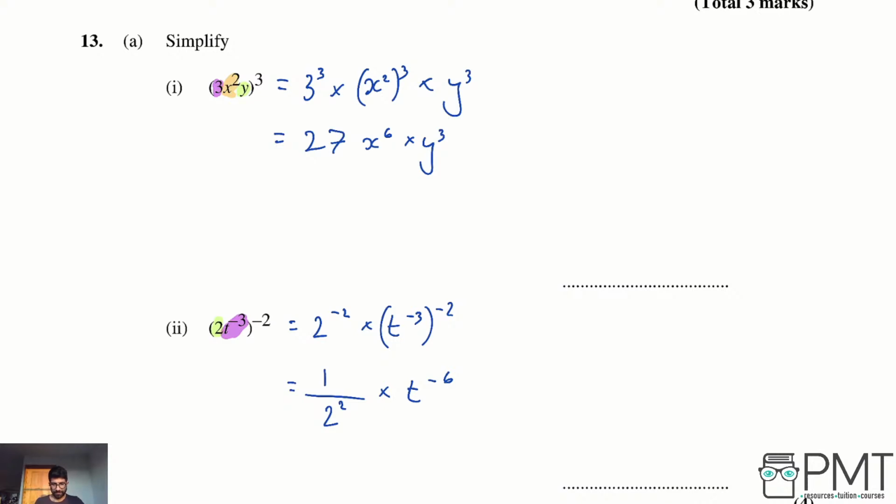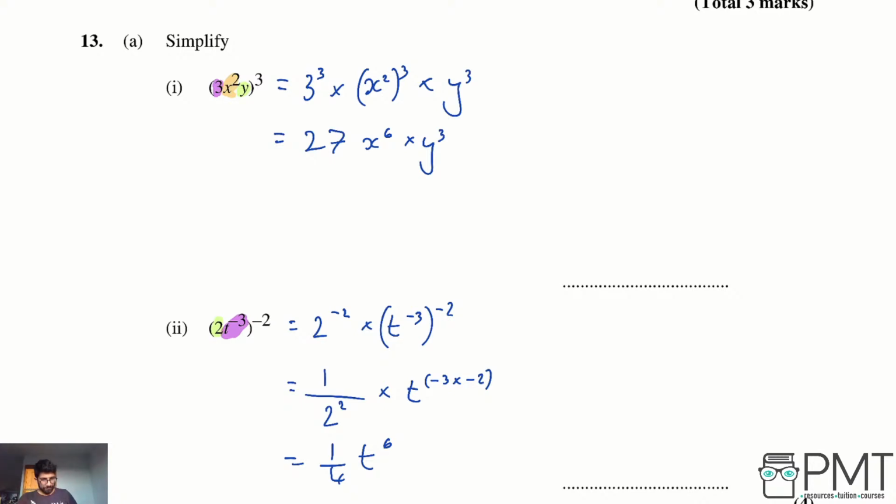Is this t to the minus 6? What is minus 3 times minus 2? When you multiply them together, you will get just a 6. Let me write that down explicitly. Minus 3 times minus 2. So 1 over 4 t to the 6. Yep, 1 over 4 t to 6. We agree with that. Well done.